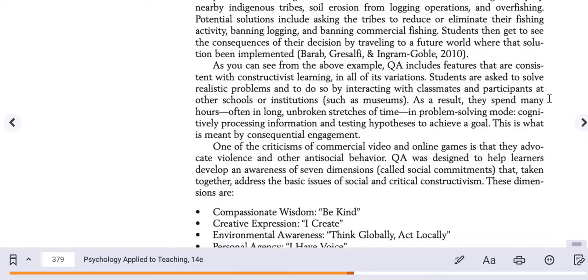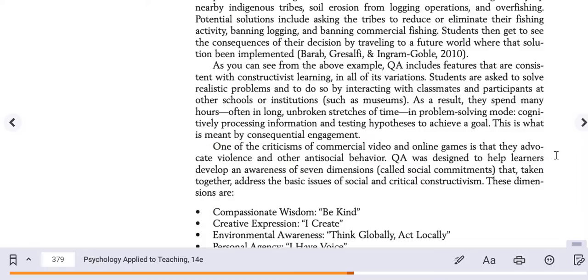One of the criticisms of commercial video and online games is they advocate violence and other antisocial behavior. QA was designed to help learners to develop an awareness of 7 dimensions called social commitments that, taken together, address the basic issues of social and critical constructionism.